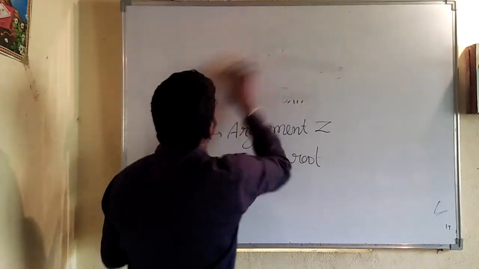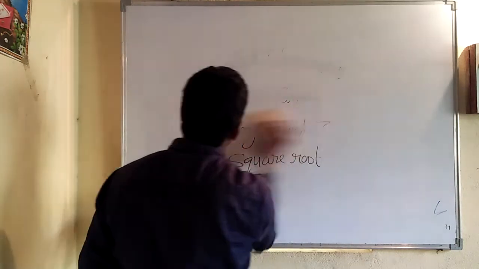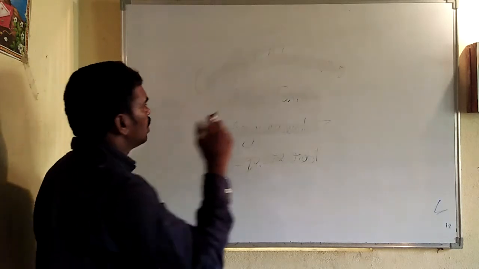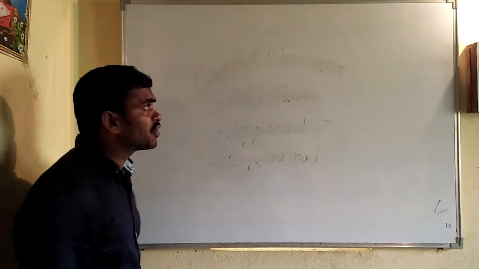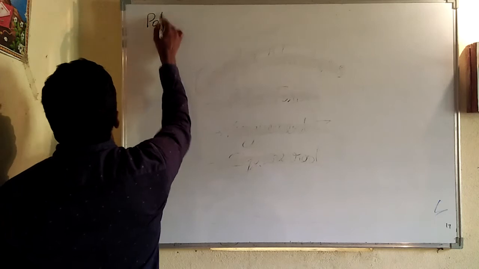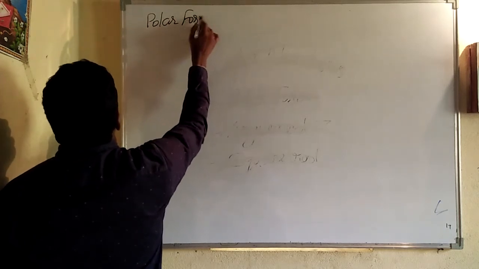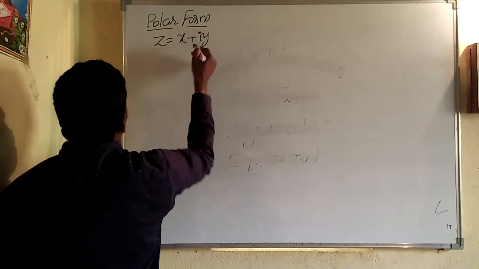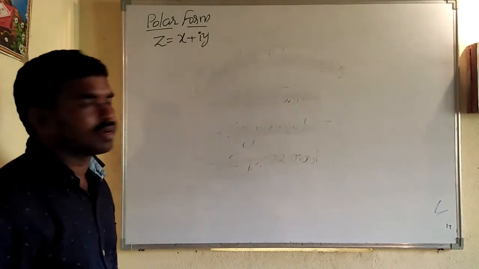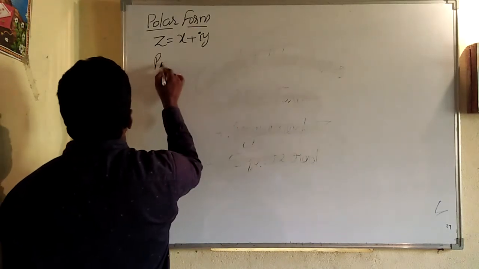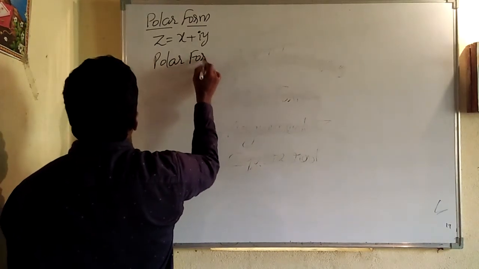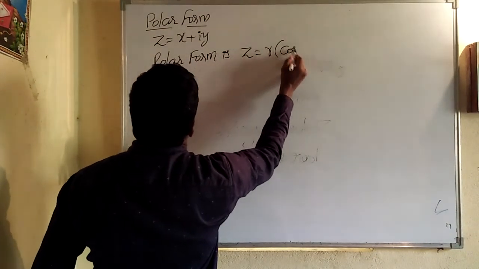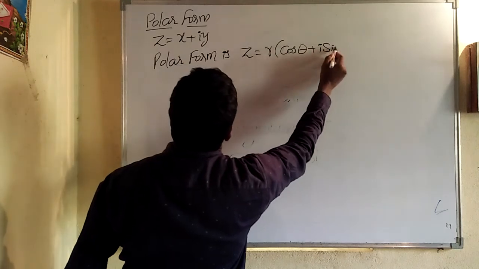What is polar form and how is it written? Polar form is also called modulus amplitude form. Suppose a complex number z equals x plus iy, then the polar form of the complex number is z equals r into cos theta plus i sin theta.